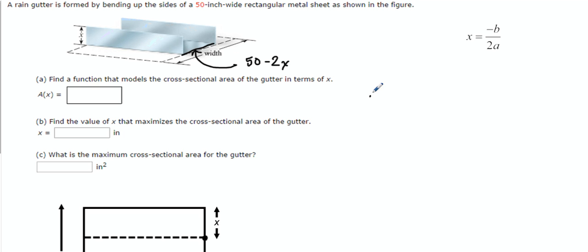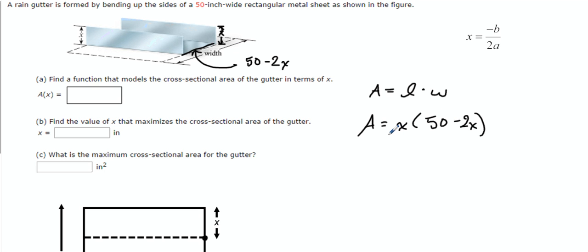Now it says find a function that models the cross-sectional area of the gutter in terms of x. We know that area is equal to length times width. Now the length we'll use here is x, that's this distance here. So x times the width we just found to be 50 minus 2x.